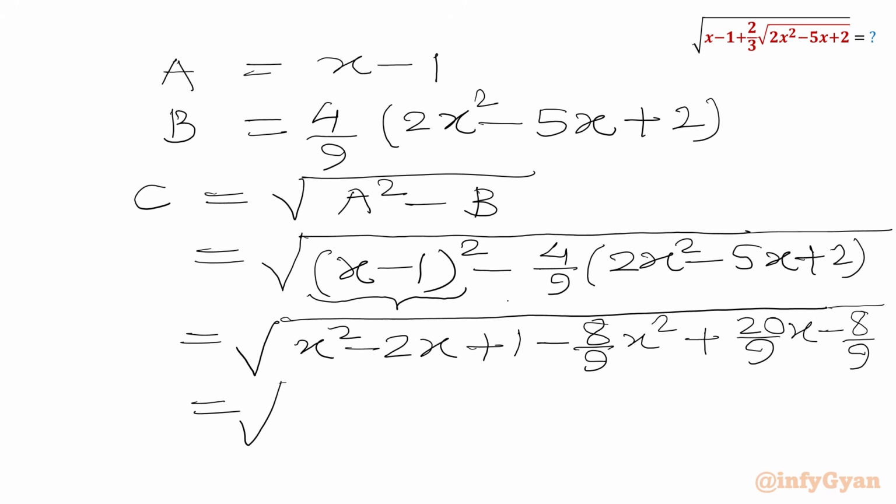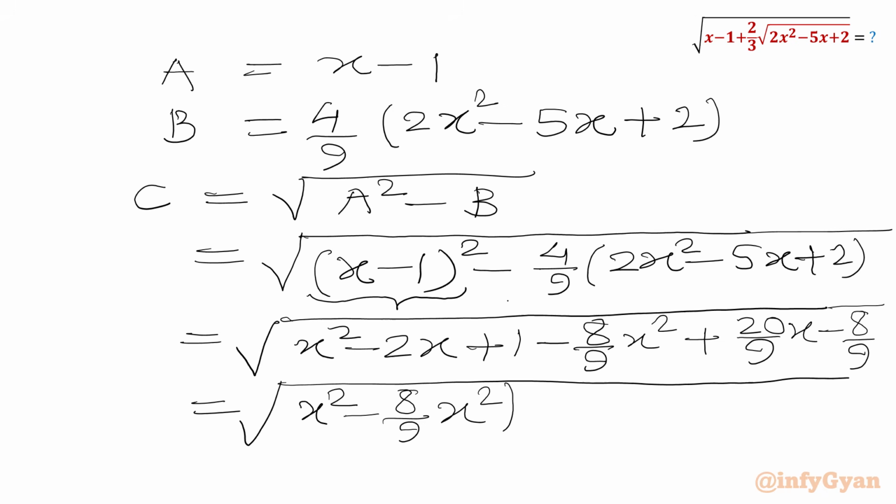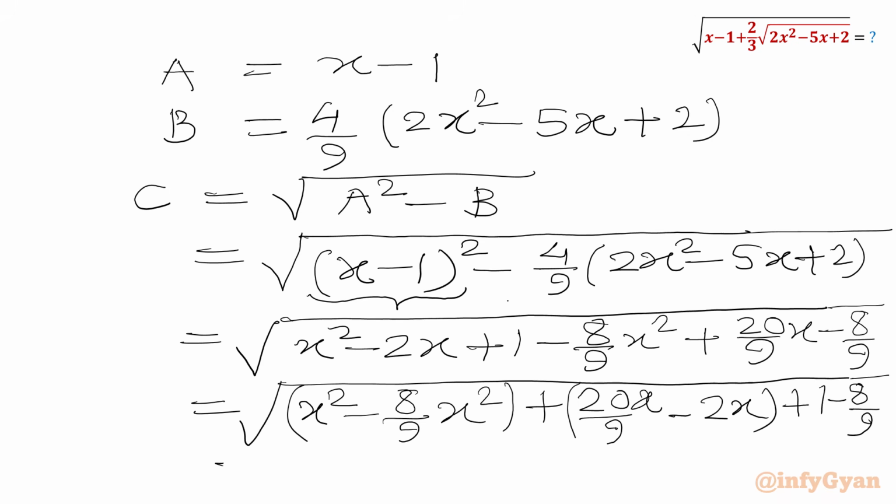Now we will write a square root of x square minus 8 over 9 x square. Then we can write 20x over 9 or 20 over 9 times x minus 2x. Then we'll write 1 minus 8 over 9, which will be equal to square root of x square minus 8 over 9 x square, which will be 9 minus 8 over 9 times x square.